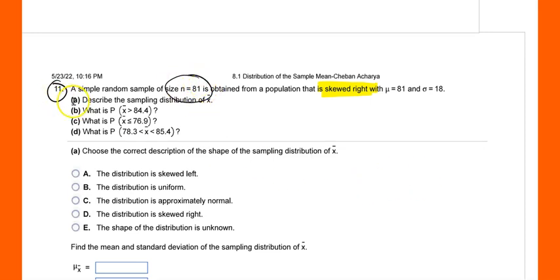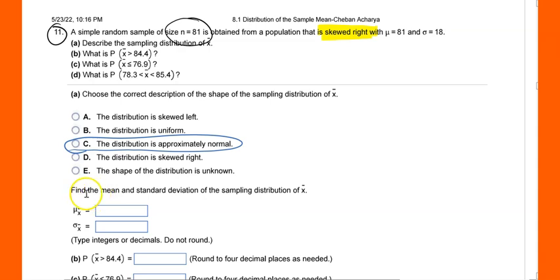Part A is to describe the sampling distribution of x bar. In this case, the sampling distribution is approximately normal because the sample size is 81, greater than 30, and you pick the answer C.